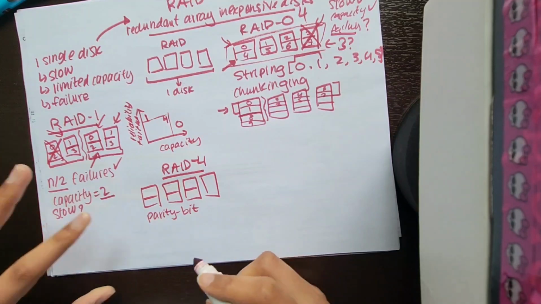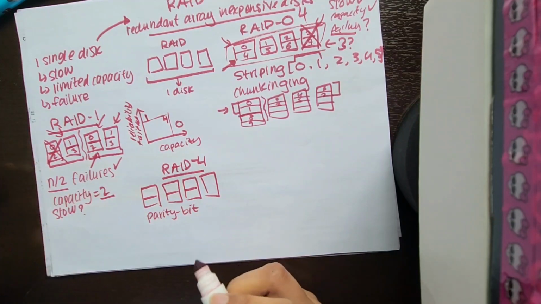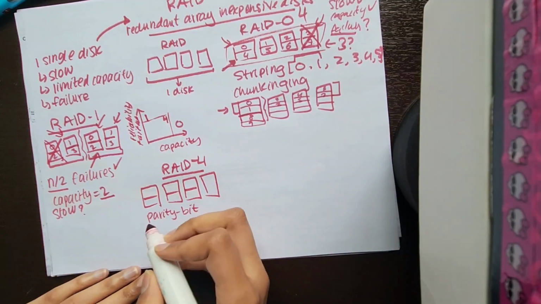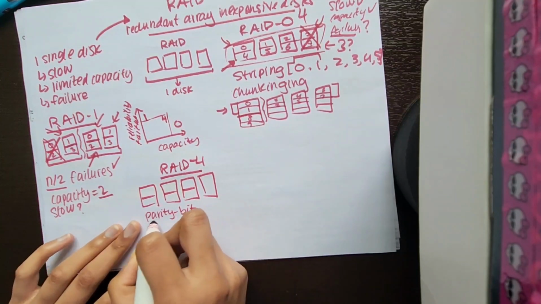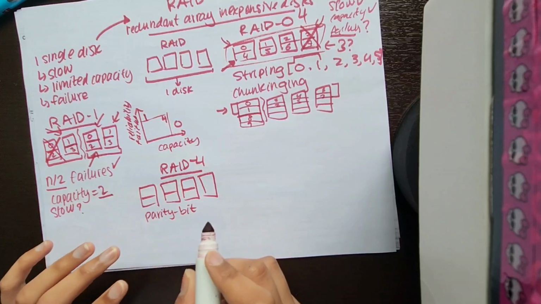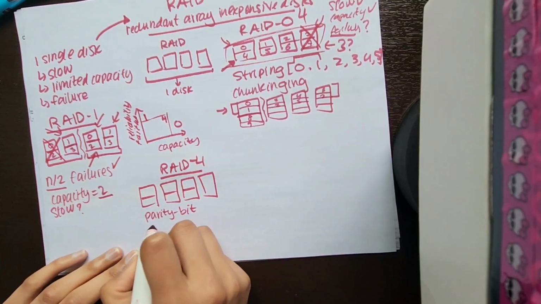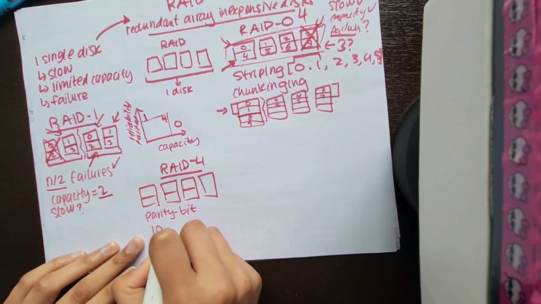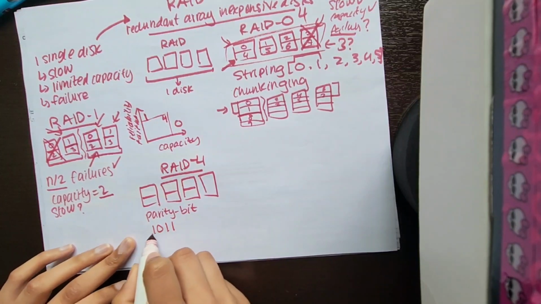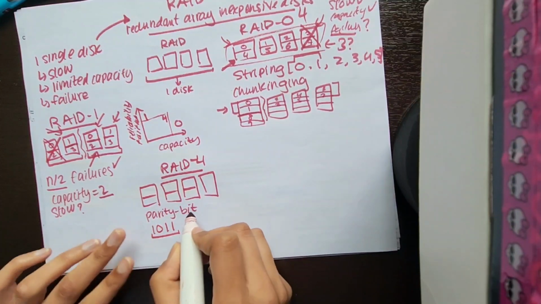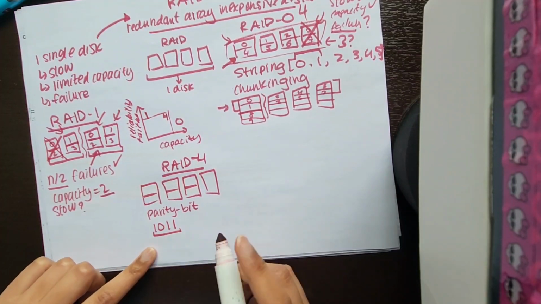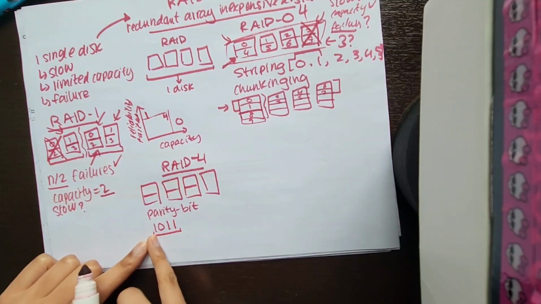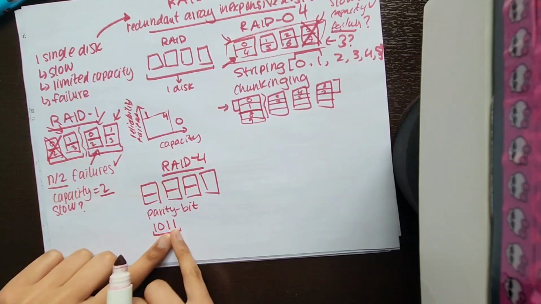In terms of binary numbers, this basically tells you the number of 1 bits there are. So for example, if our number is 0, 1, 1, 1, this is our binary number, right? And the question is, what is the parity bit for this binary number? You're going to count the number of ones that you have, 1, 2, 3.